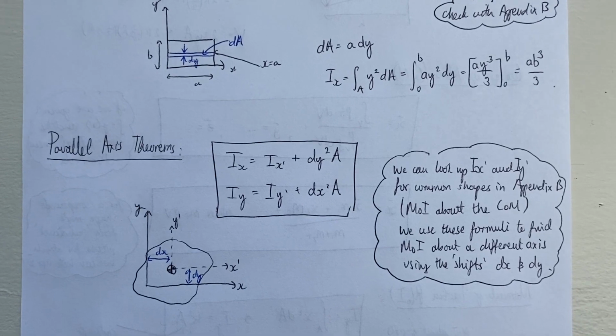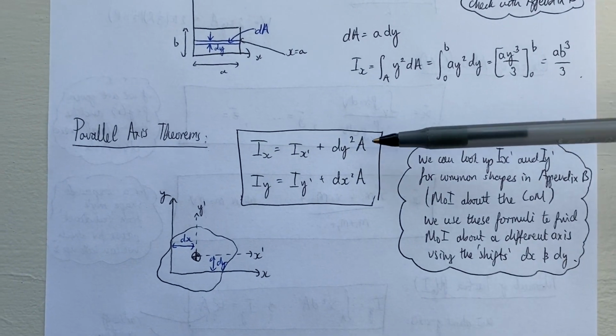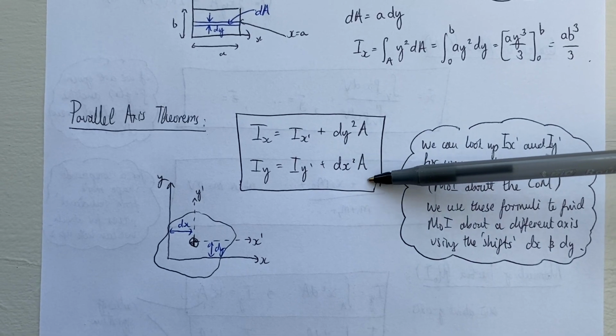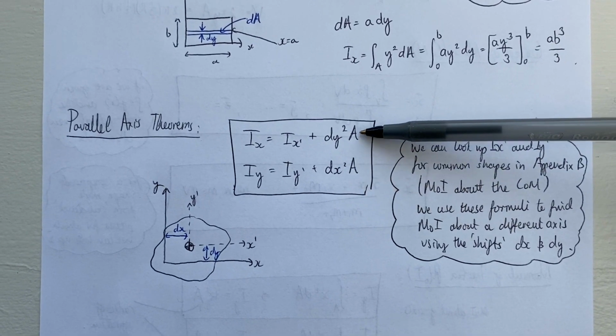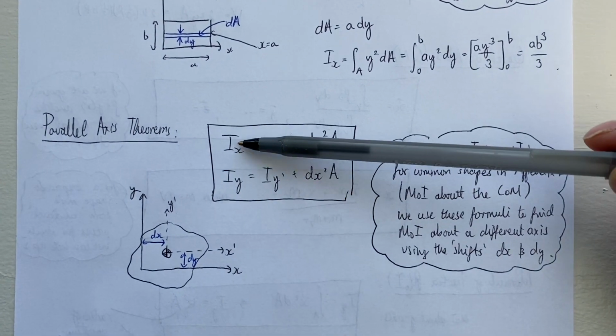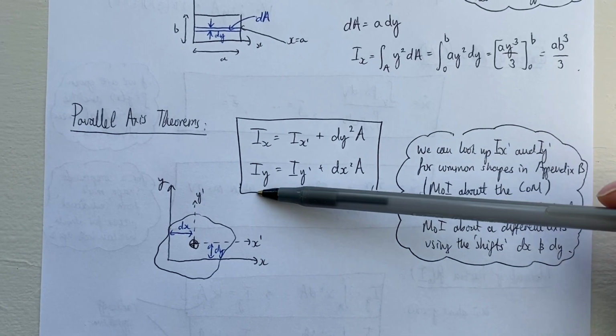So if we know that information and we can look this up, and the area of the common shape which is being rotated, we can work out the area, and therefore we can work out the moment of inertia about any axis system that we choose, right?